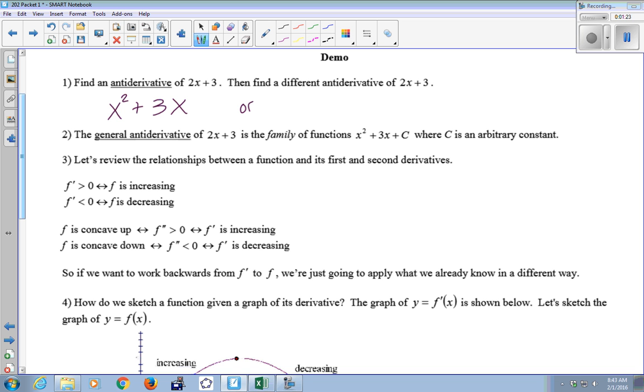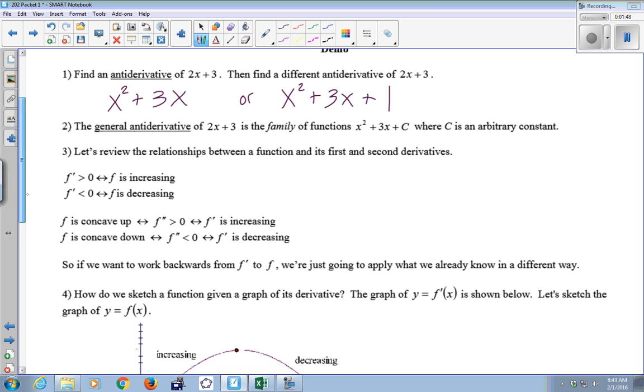Yes. You can always throw a constant on the end because its derivative is 0. So the general antiderivative of 2x plus 3 is what's known as a family of functions, x squared plus 3x plus c, where c is an arbitrary constant. Could be anything.